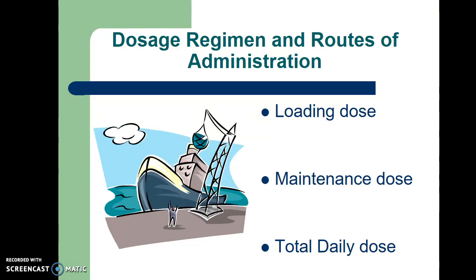As we showed in that diagram, if you give more with each dose, it's going to increase it more drastically than if you give smaller amounts more frequently. But the other side of that is that it's easier, obviously, for owners to give drugs less frequently over the day. But the total daily dose, the same idea is that we are giving the same amount in a particular day. We're just doing it at different frequency.